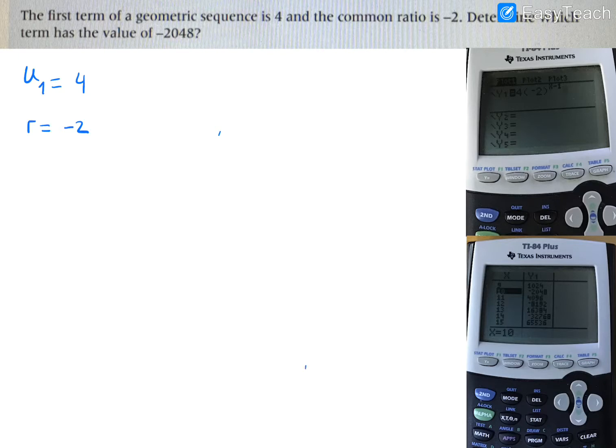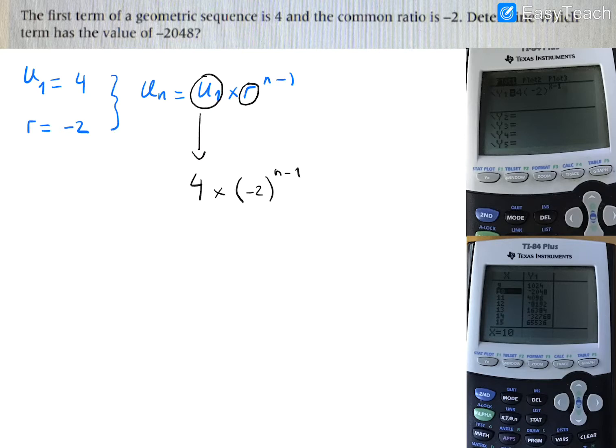Okay, before we go to the next stage, let's put our formula here, u1 times r to the power of n minus 1. What do we know here? u1 is given as 4, r is given as minus 2, and always use brackets if there is a negative number, then to the power of n minus 1.